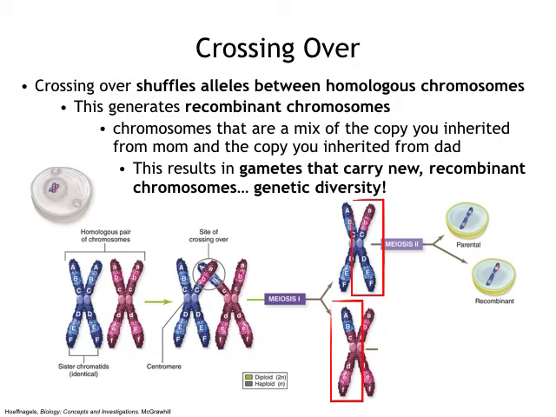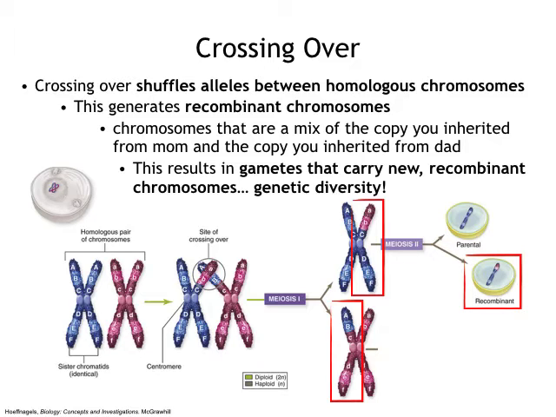And in the end, this is going to result in gametes that carry new recombinant chromosomes, aka genetic diversity, right? So this cell here has only one chromosome for whatever chromosome we're looking at. Imagine this is chromosome 1. But this one chromosome is a mix of the chromosome from mom and the chromosome that you got from your dad.